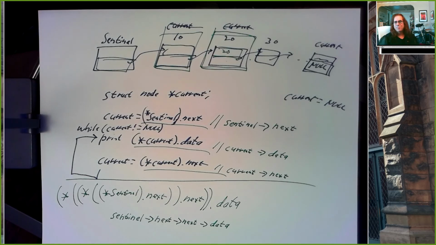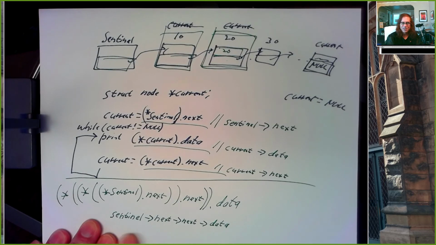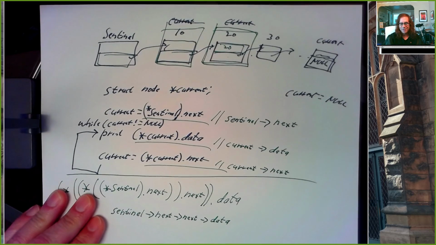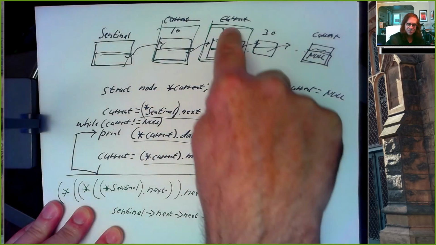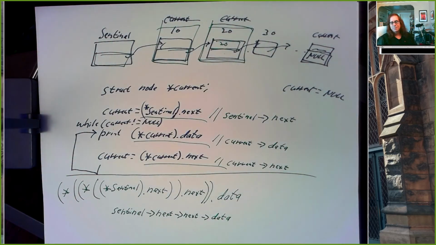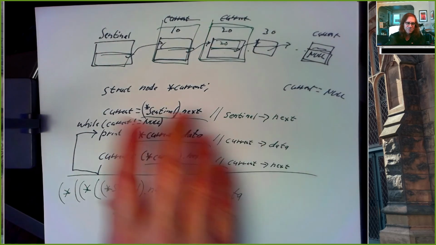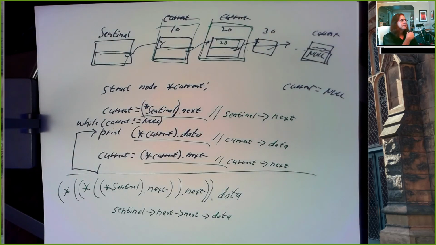When we do what's called balancing, red-black trees for example, we'll end up doing things like this all the time. And eventually your brain will see this as, oh, go to next, go to next, go to 20. So you get to practice with this while we're developing code for linked lists.